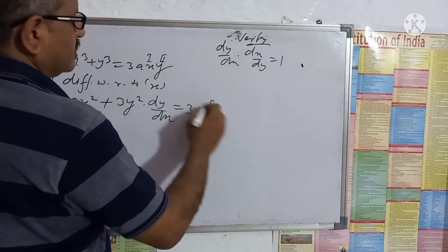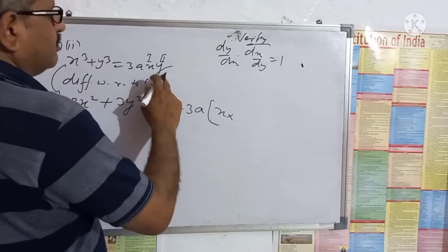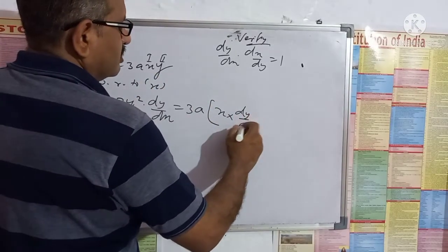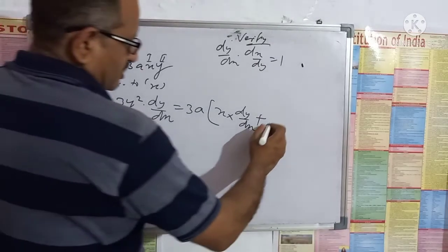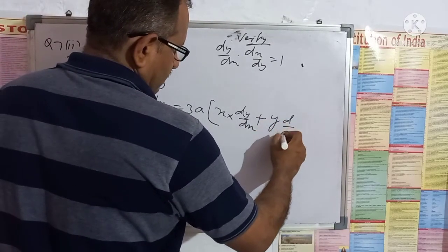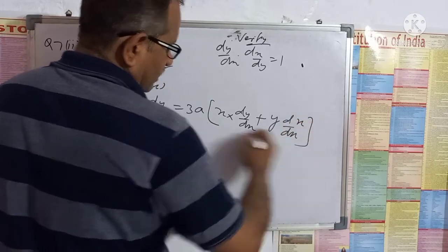So write first function x times derivative of second function y, dy by dx, plus second function y times derivative of first function x.